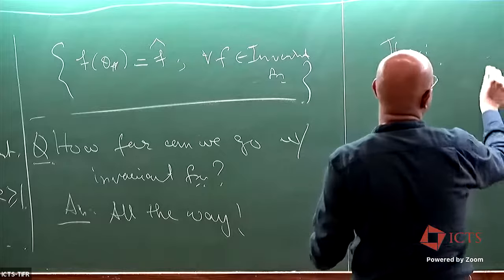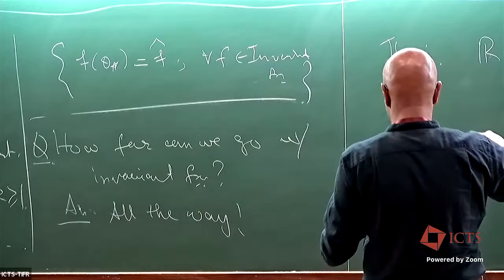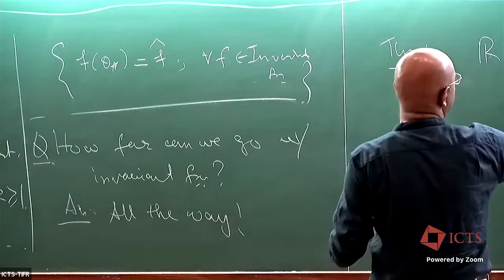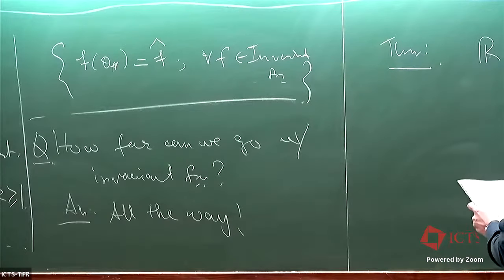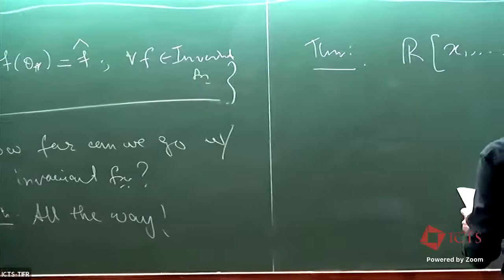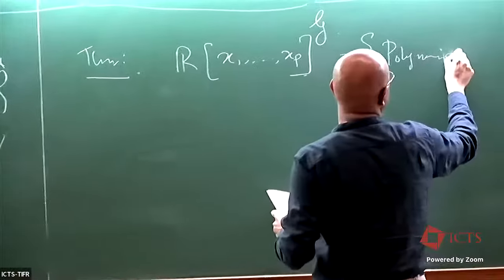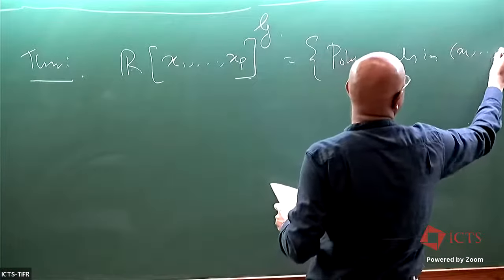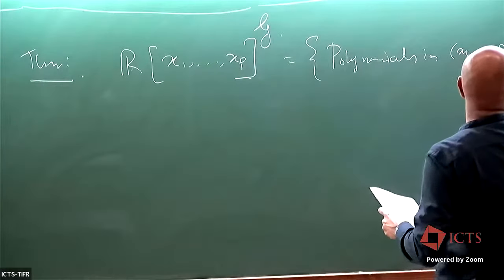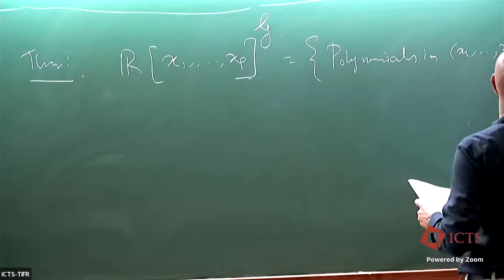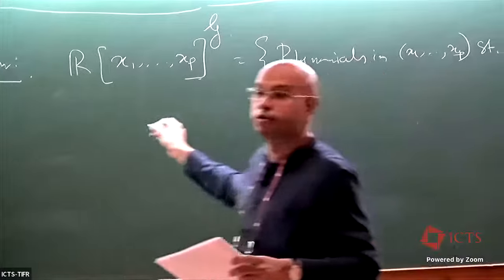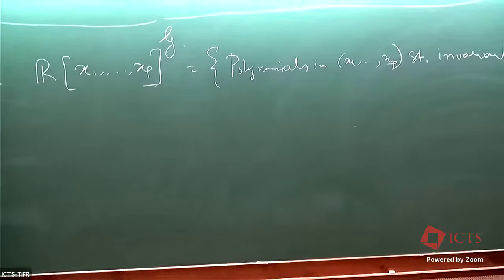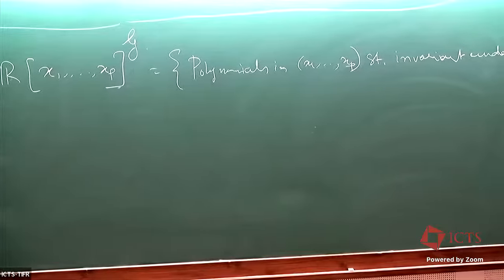The mathematical statement is that if you look at R[x1, x2, ..., xp], this is the ring of polynomials in p variables, and we look at the superscript G, this is the ring of polynomials in x1, x2, ..., xp such that they are invariant under G. So this is the ring of invariant polynomials under G. In the examples that we saw, all the invariant functions that we have considered are actually polynomials.